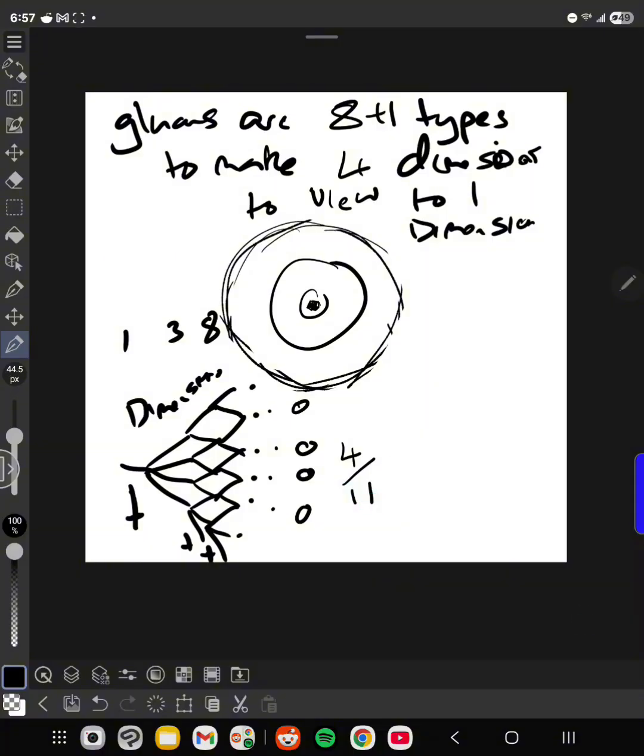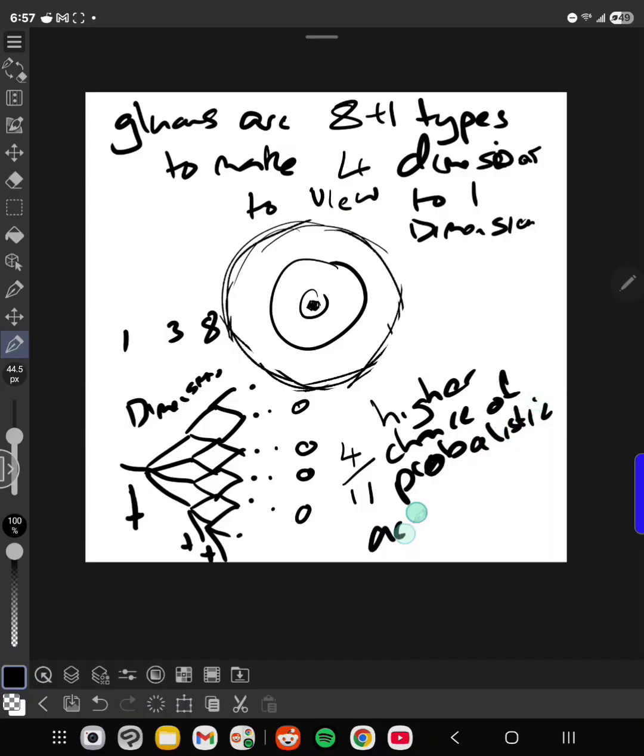Yeah. Have a higher chance of probabilistic activation.